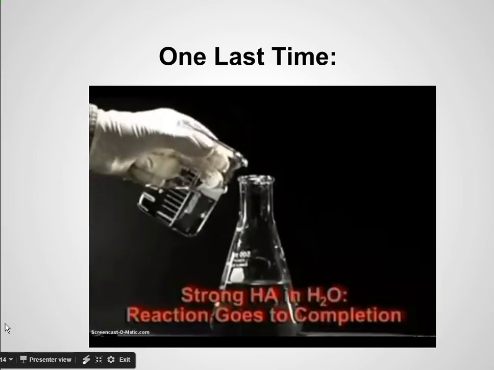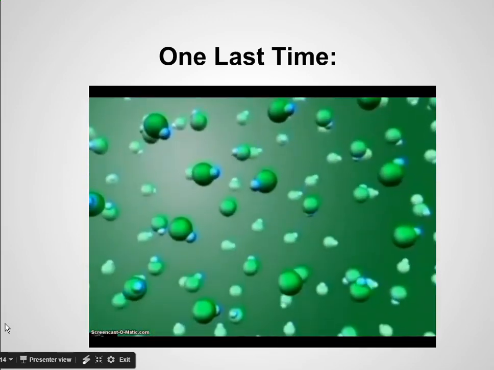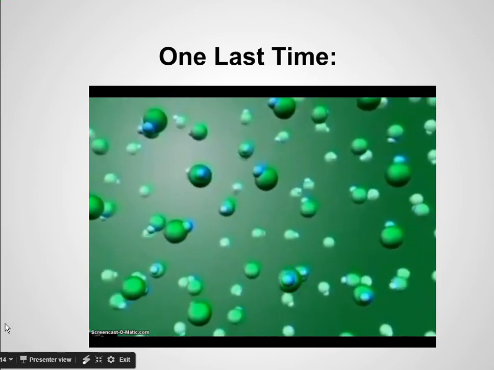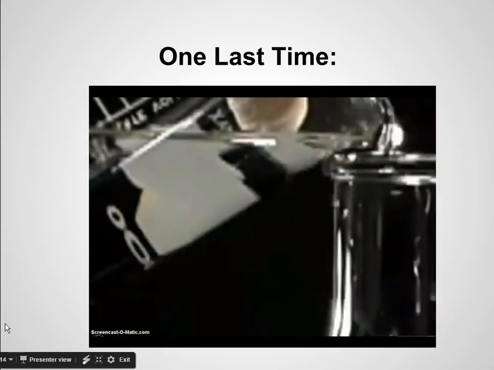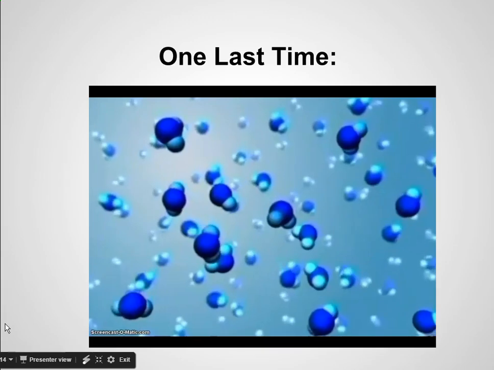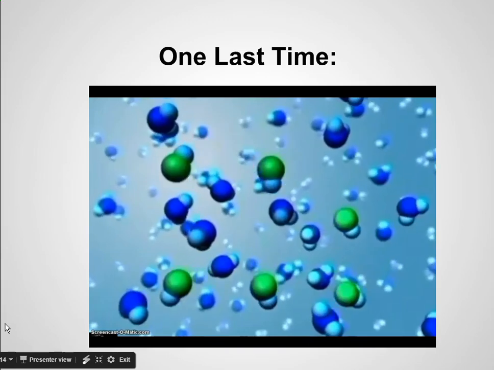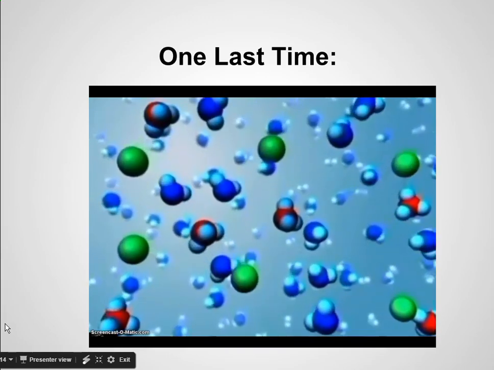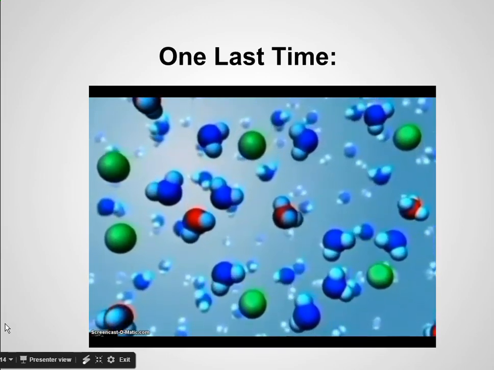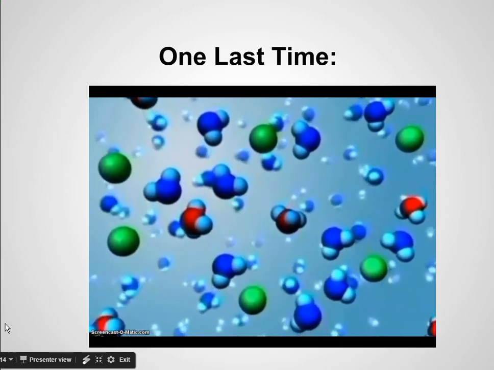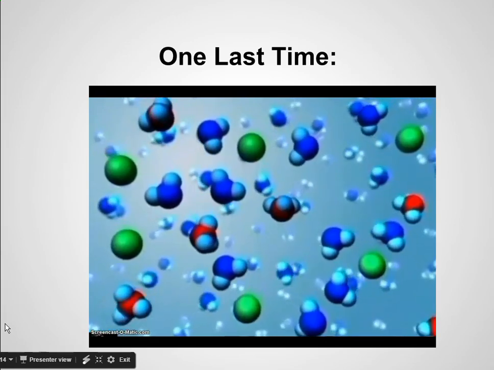Let's view acid dissociation at the molecular level and focus first on strong acids. The concentrated acid in the beaker consists primarily of acid molecules. As soon as they make contact with the water in the flask, proton transfer from HA to H2O occurs for virtually every acid molecule. Note the change from blue to red. Therefore, a strong acid solution consists of hydronium and A- ions in water and virtually no HA.